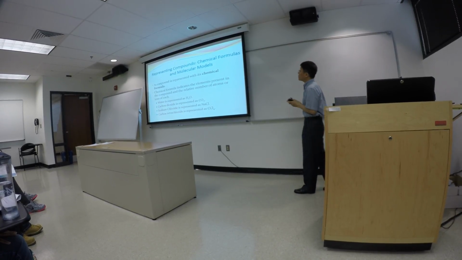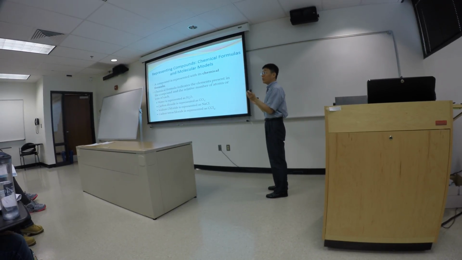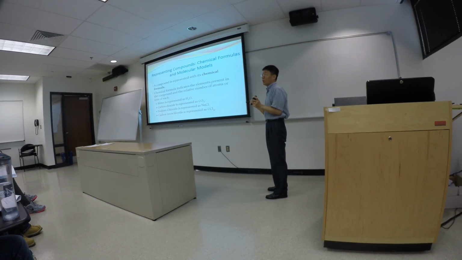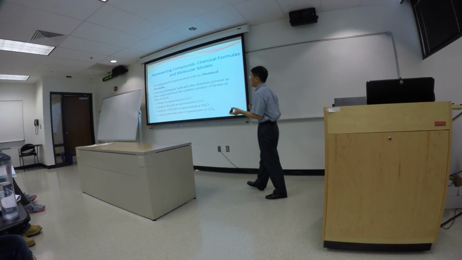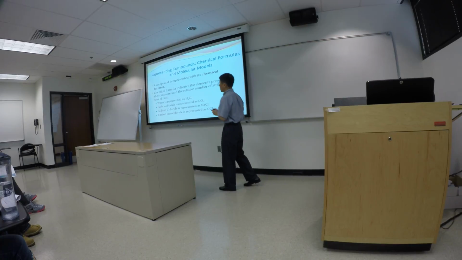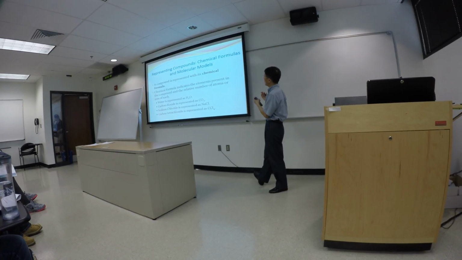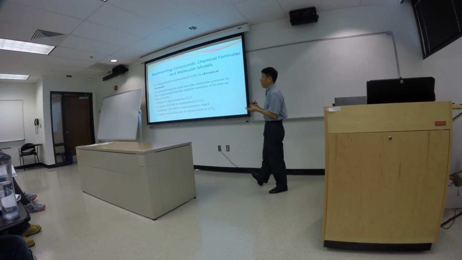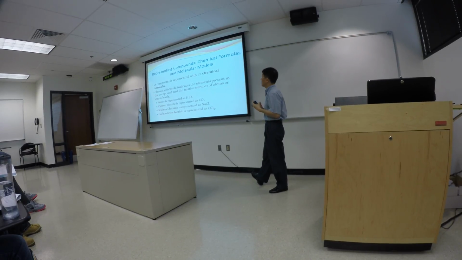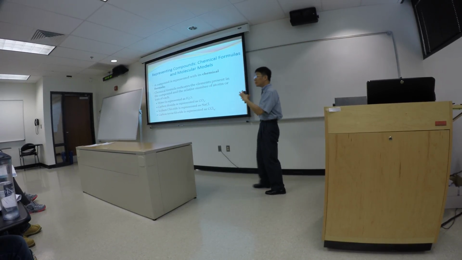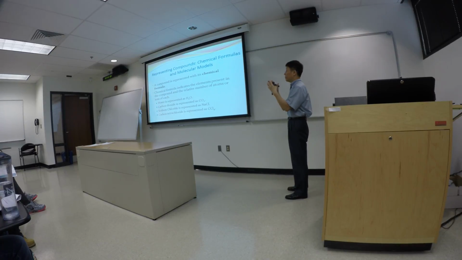Now, when we're representing compounds, we use what we call a chemical formula. The element symbol, or atomic symbol in the periodic table, would be the alphabet for the language of chemistry. The compound formula, or chemical formula, or molecular model, would be the word in chemistry. You're putting those different letters together in a fixed ratio.